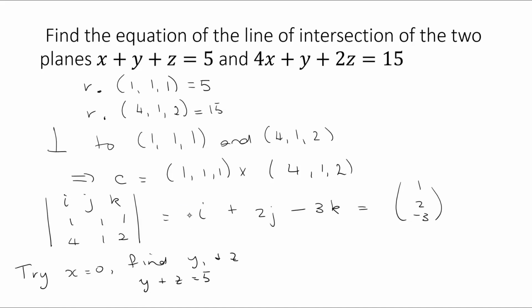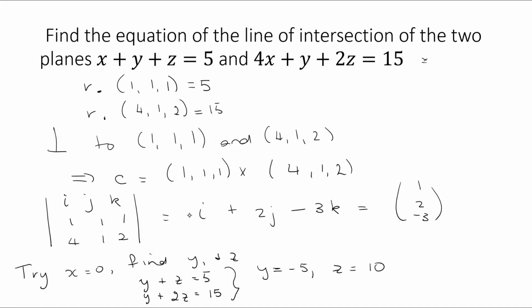And from the second one over here, we'll find that y plus 2z equals 15. Solving those simultaneously will give us that y is equal to -5 and z equals 10.